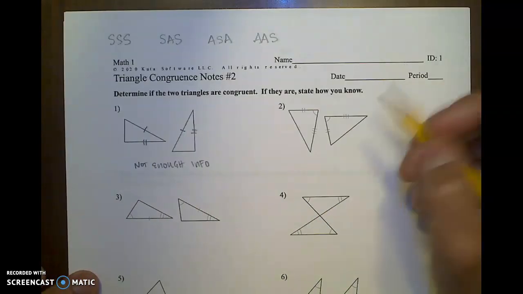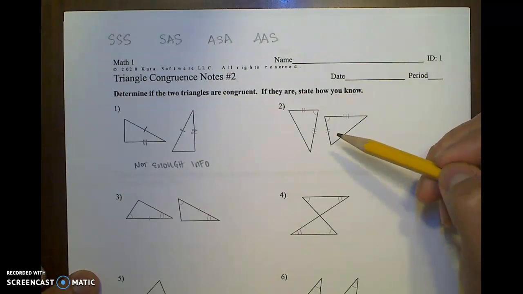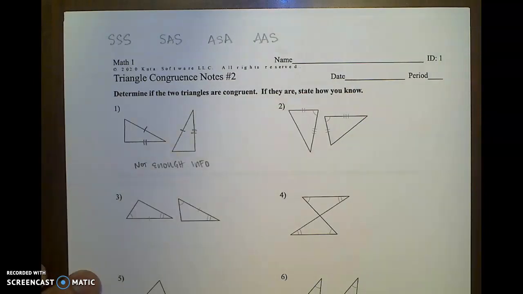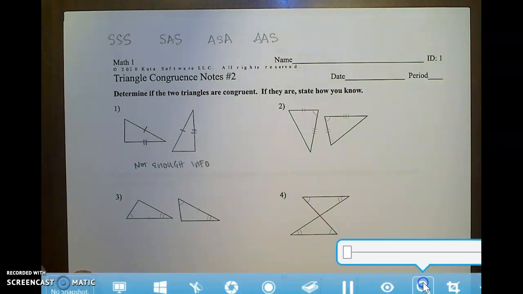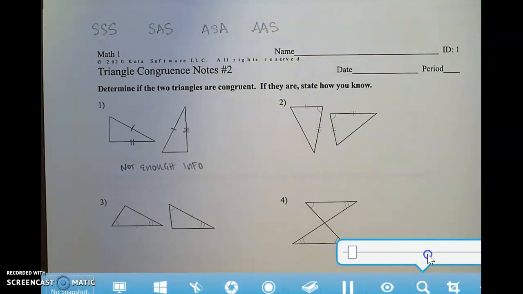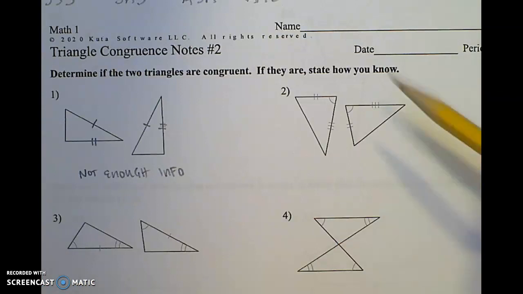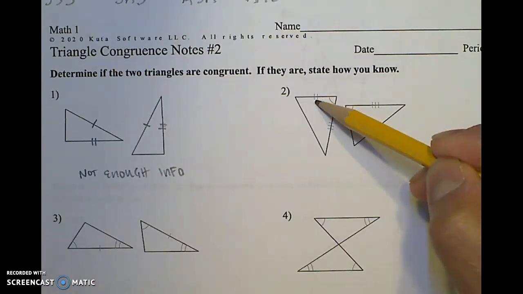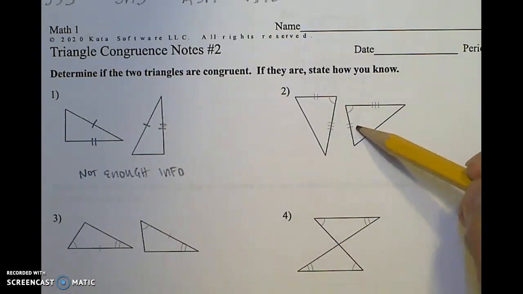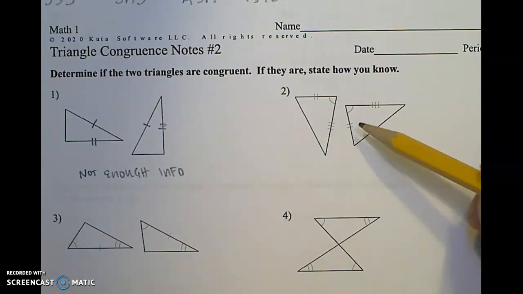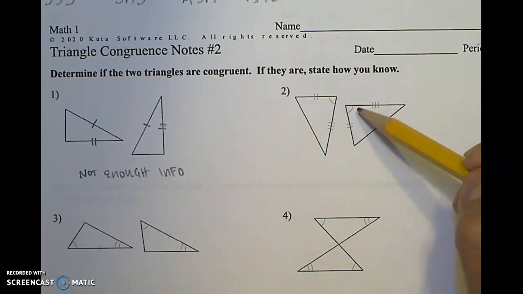Number 2, again, looking at the tick marks. Let me see if I can zoom in on this a little bit. Alright, so we see we have double tick marks on both triangles. We have an angle tick mark from both triangles.